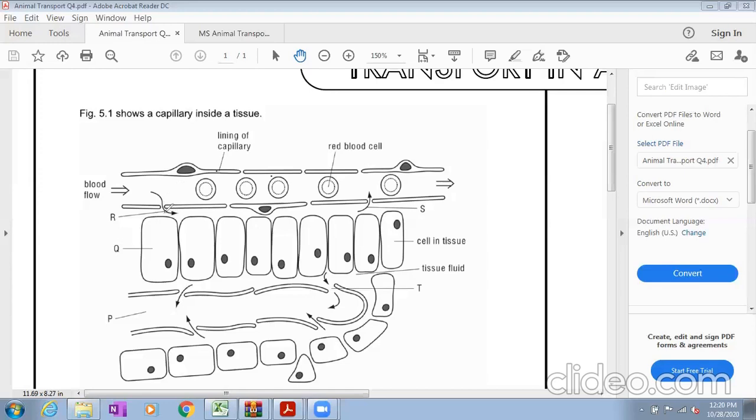That liquid portion of blood is actually lymphatic fluid. When that fluid covers all these cells, we call that tissue fluid, right?